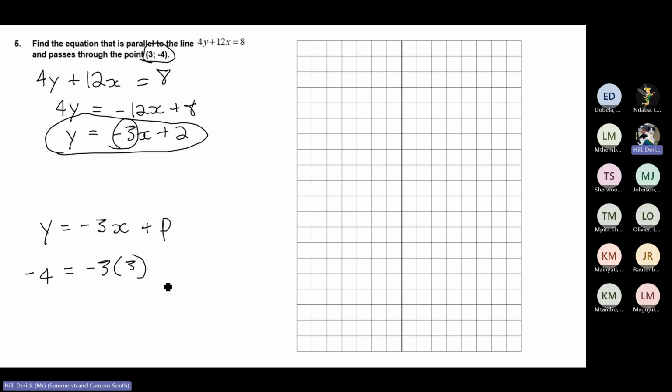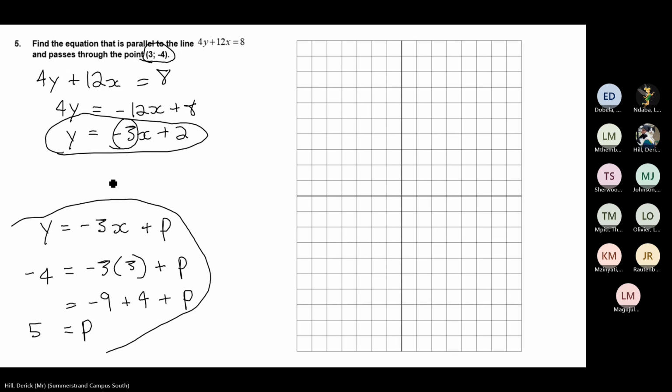So put my 3 in for x, and then I just need to find p. That gives me a minus 9 over here plus 4 plus p, and that's going to give me 5, p equals 5.